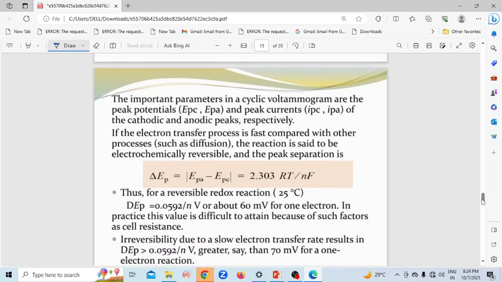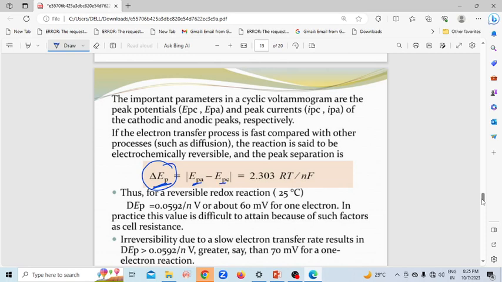So what is this delta E? It is the difference between the anodic potential and the cathodic potential, where the oxidation and reduction occur.